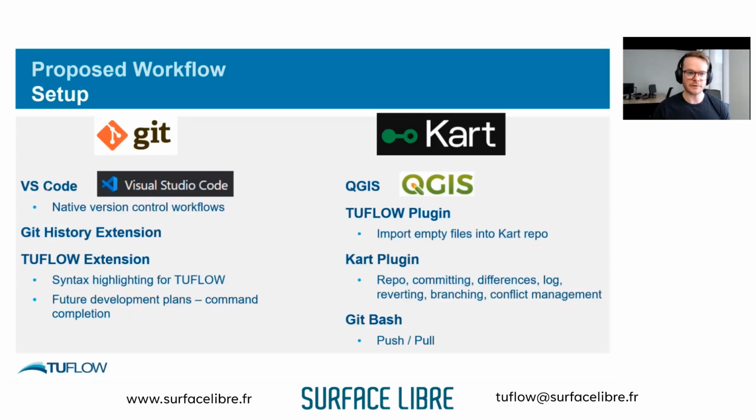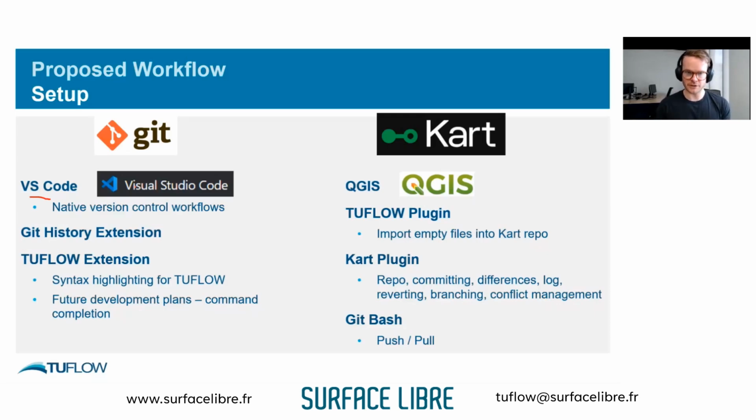So in this example, I'm going to be using VS Code, not Notepad++, just because VS Code has probably slightly better Git tools built into it. There's probably some Git plugins in Notepad++. I've not tried them, but I just know VS Code does have good Git tools natively built in, which makes it quite nice to use with version control.